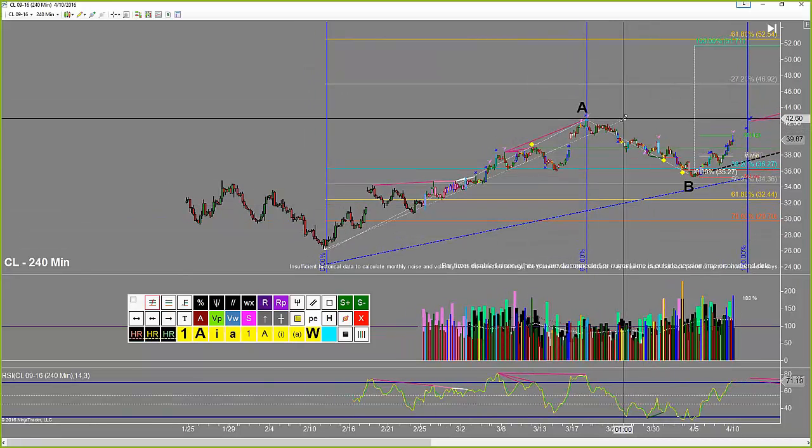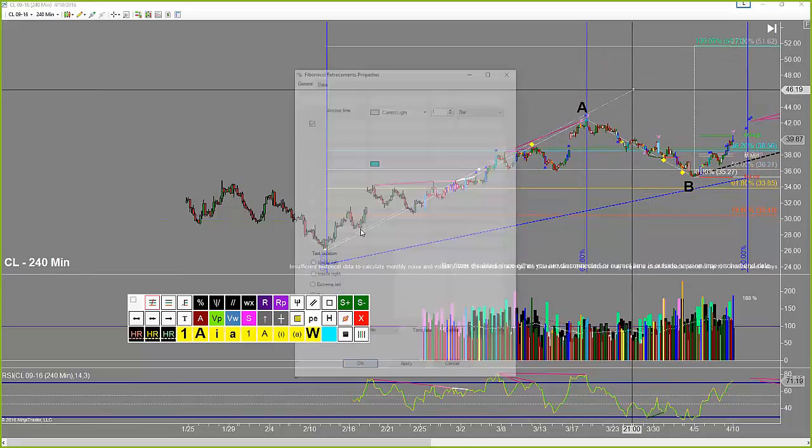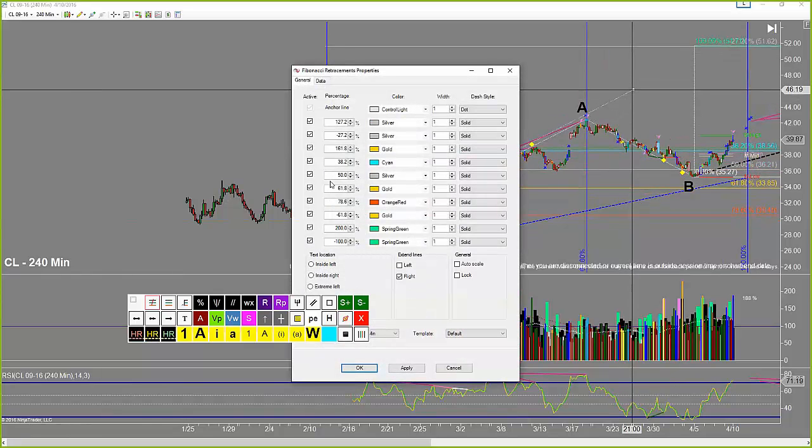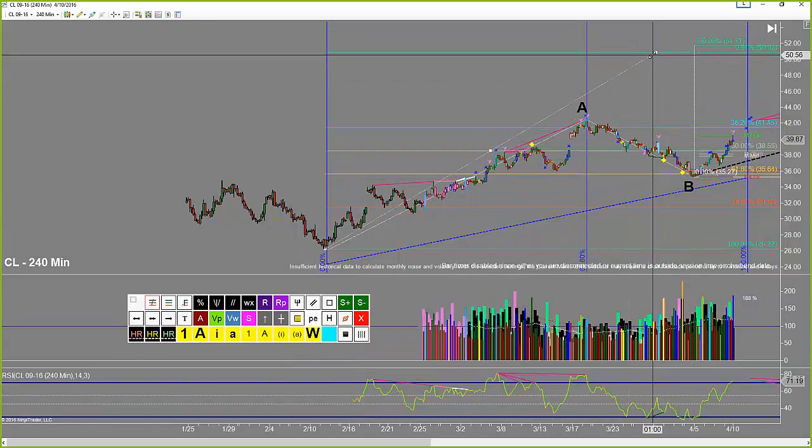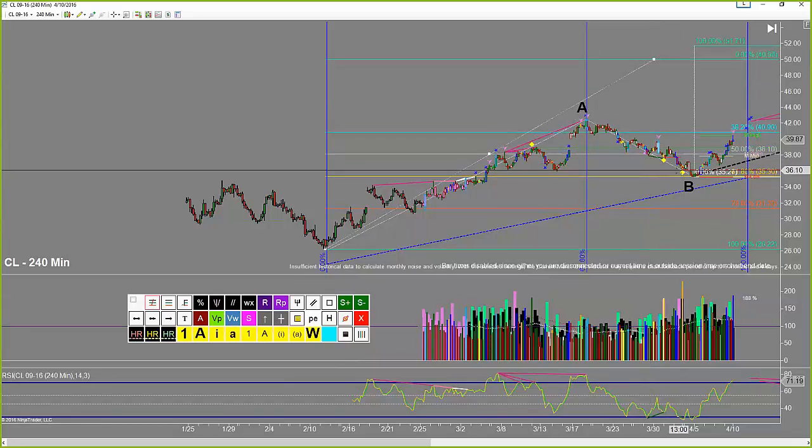What you can do, let me turn these on, we'll set positive 100 and 0. Is you can bring this up and you can anchor the 61.8 at the end of wave B.